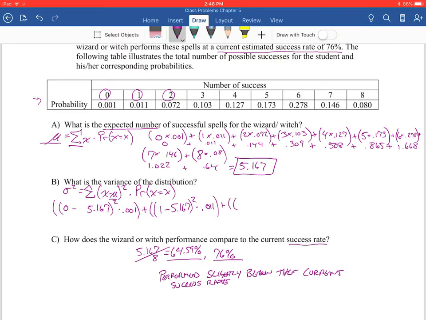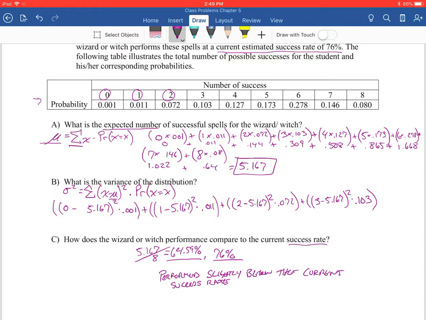Plus the probability at 2 minus mu, which is 5.167 squared, times the probability at 2, which is 0.072, plus 3 minus mu squared times the probability of the number of successes at 3, which is 0.103.